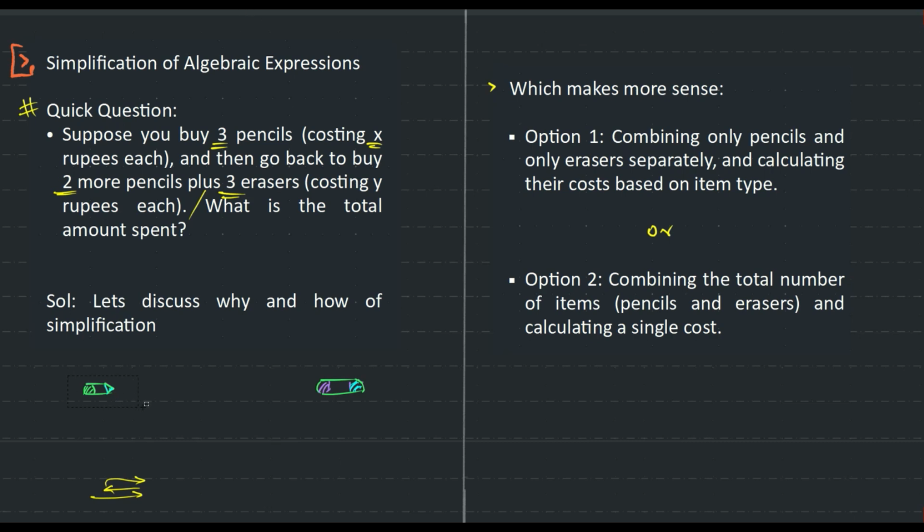So basically, you guys bought 1, 2, 3 and went back and bought 2 of this and 3 erasers. So this is the first trip and this is the second trip.